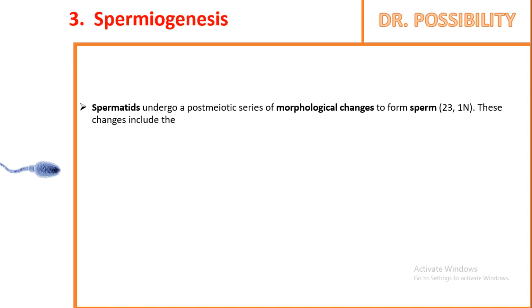Okay, so spermatids undergo a post-meiotic series to what? To change the what? The shape. Morphology is talking about the shape. So at this stage, the stage of spermiogenesis, there is just the change of the shape of the sperm.